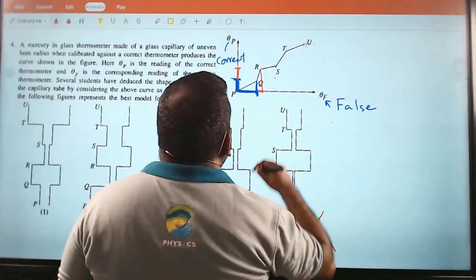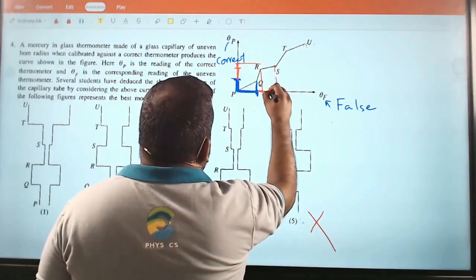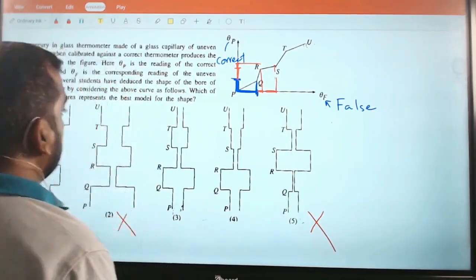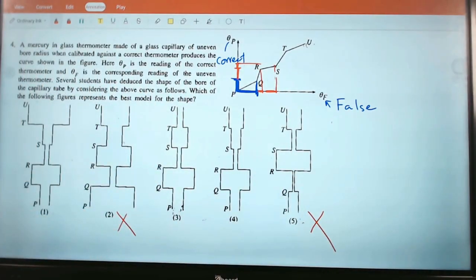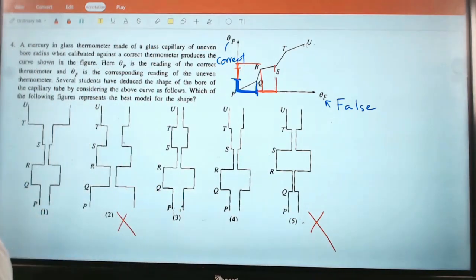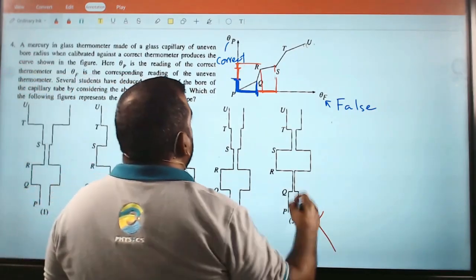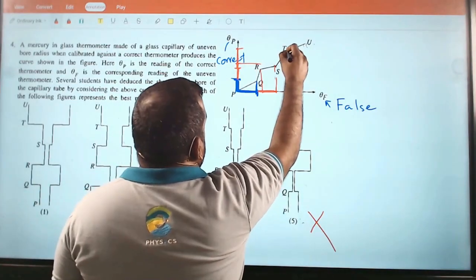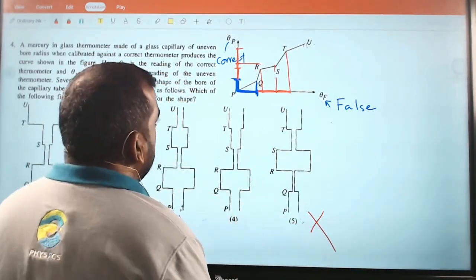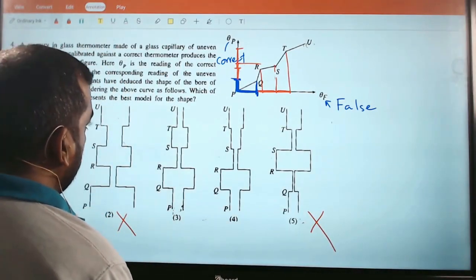What can you say here? A small increase here becomes a large increase. That's because the cross-sectional area is what? Smaller or larger? Larger increase will always give smaller cross-sectional area. So if you look at this, small area, small area, small area. Next one, correct reading here shows a smaller increase. Smaller increase means larger cross-sectional area.